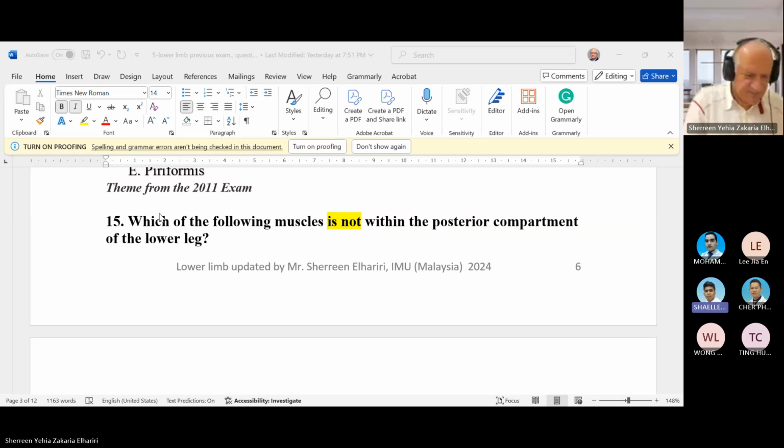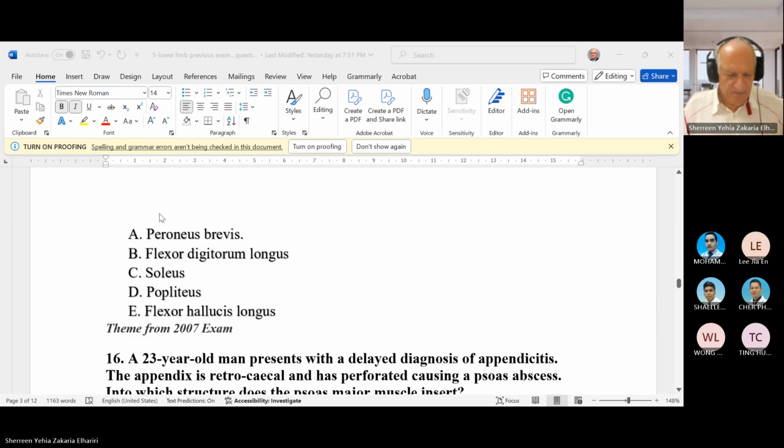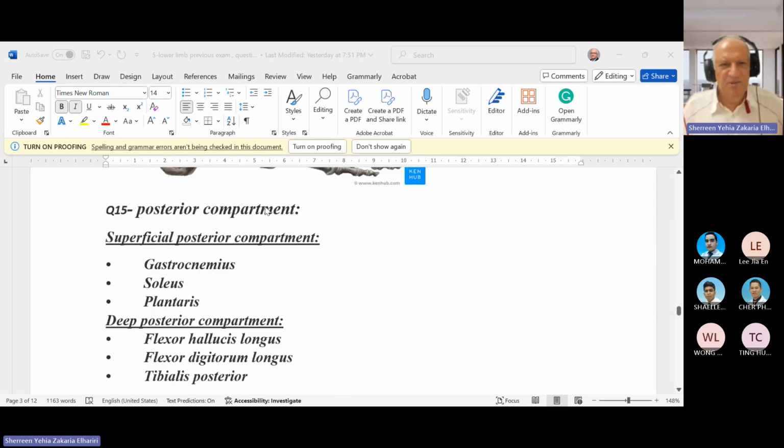Which of the following muscles is not within the posterior compartment of the lower leg? Let me first tell you what the posterior compartment is. In the leg we have compartments: anterior, lateral, and the posterior, which is superficial and deep.